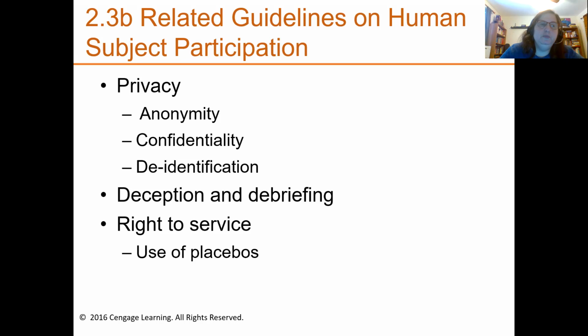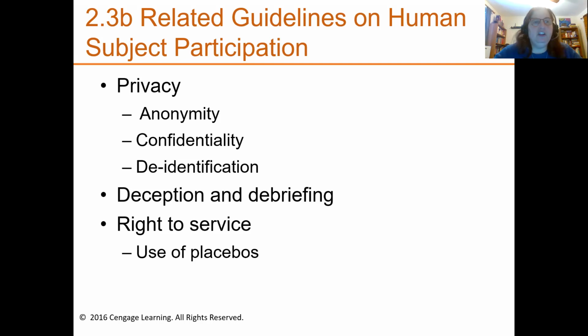Deception and debriefing. As I'm sure you're aware, deception can occur in most studies, or in many studies. Basically what you're doing is you're not telling them the full story about what you are assessing. I'll give you an example.